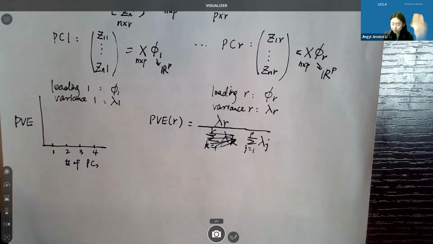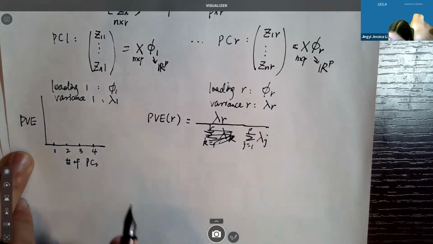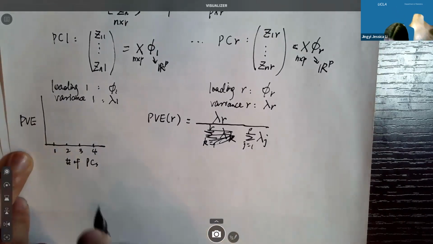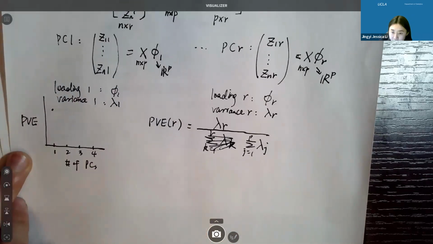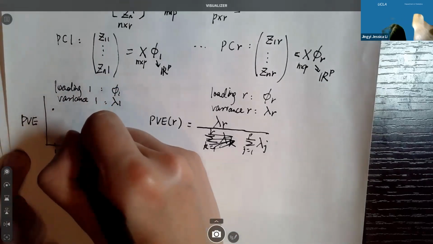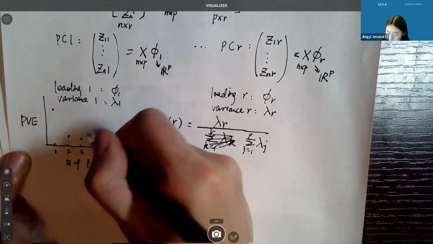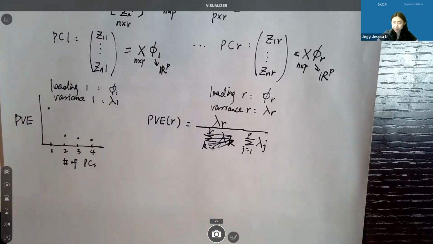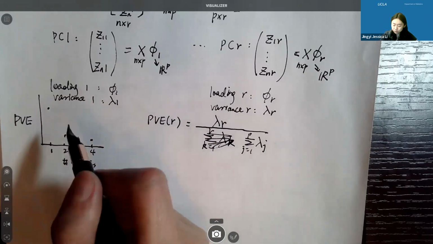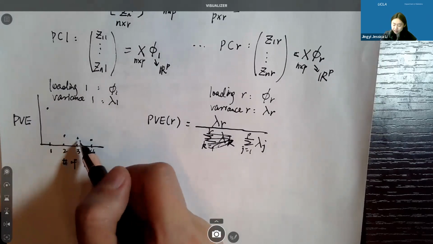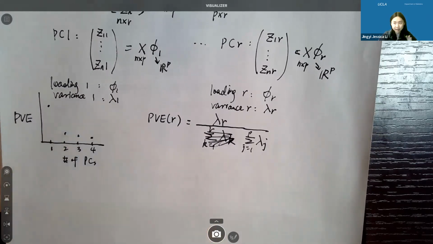Usually, because you order the PCs by decreasing variance, the first one will have the largest PVE and it probably decreases from there. If after PC1 the other PCs don't make much contribution, then I may decide to stop at PC1. One dimension is enough. But if PC2 is still quite strong and then PC3 becomes weak, you use that visual inspection to find where you want to cut.